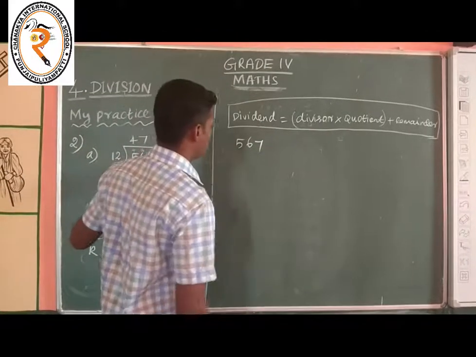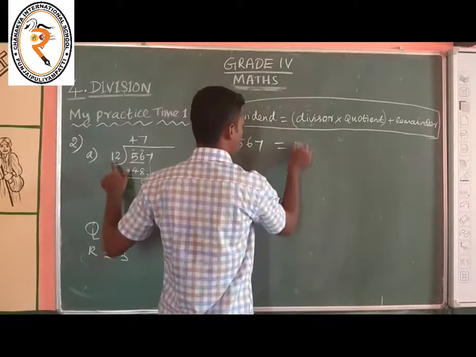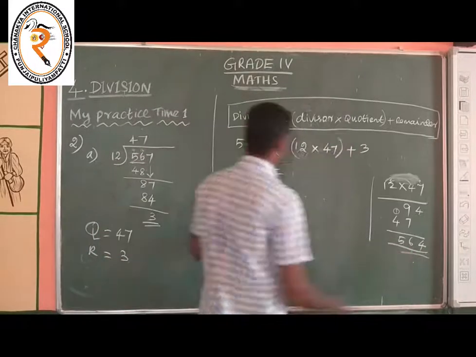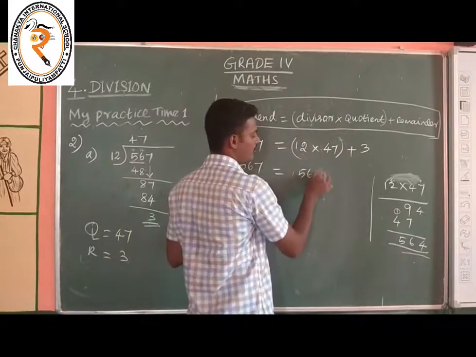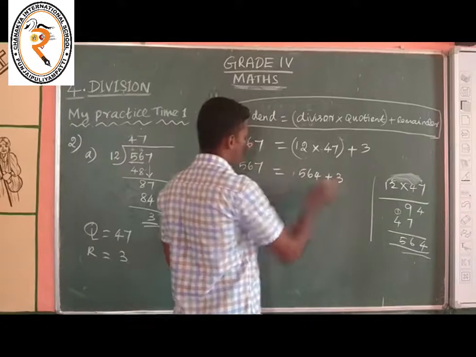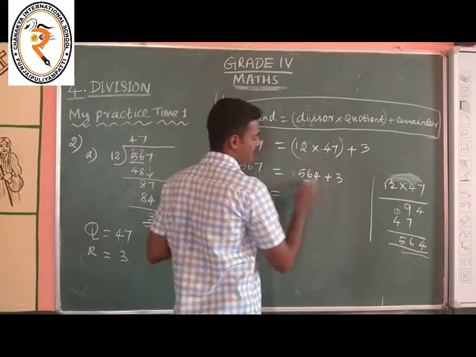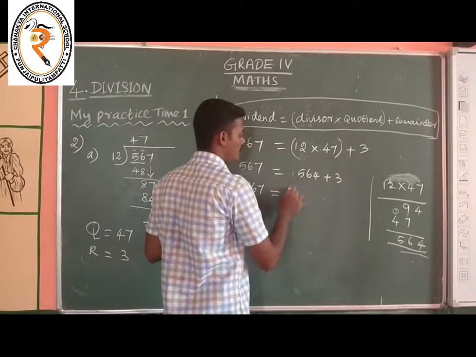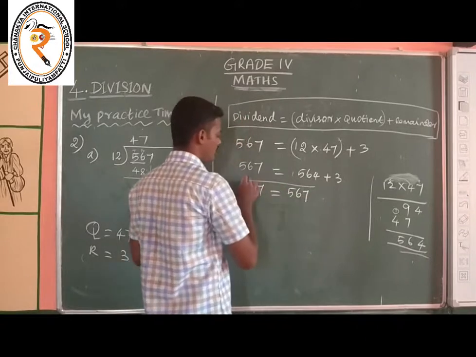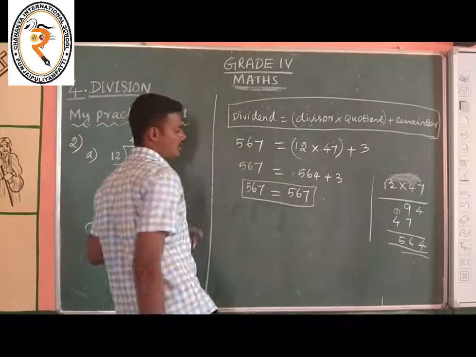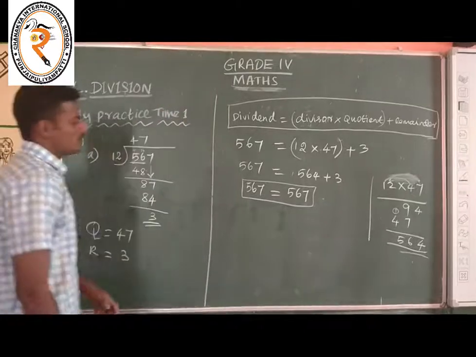The divisor is 12 and the quotient is 47. 564 plus 3, 567. Therefore the answer is correct. Hence verified.